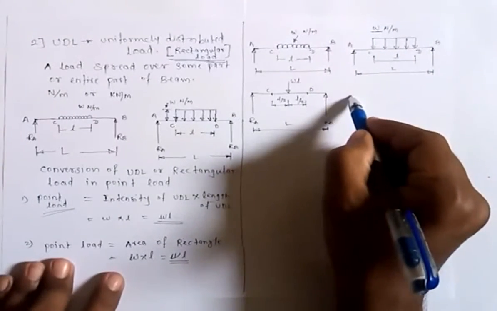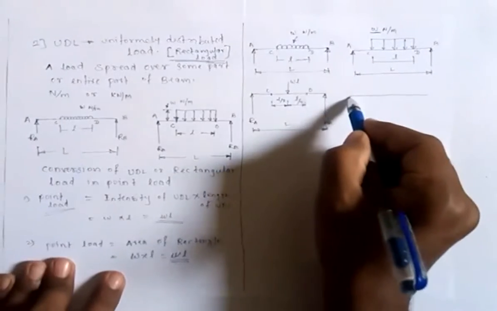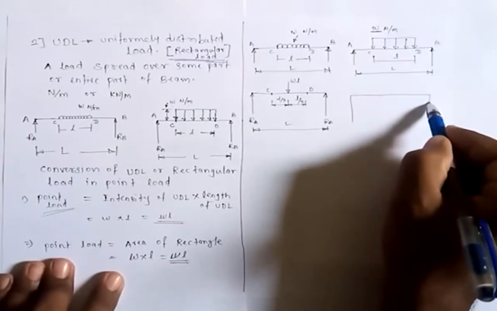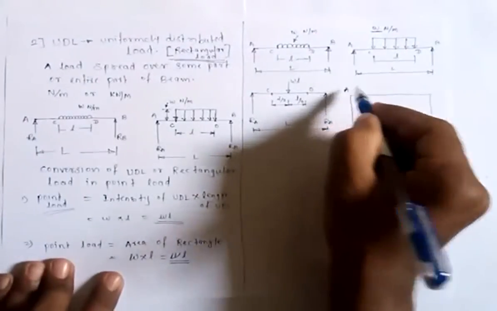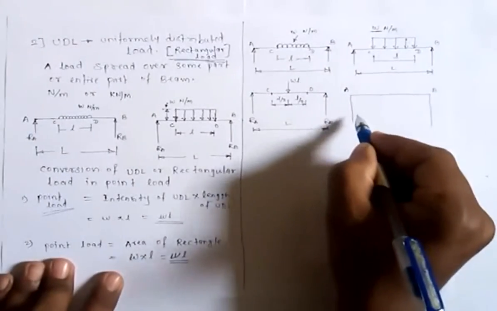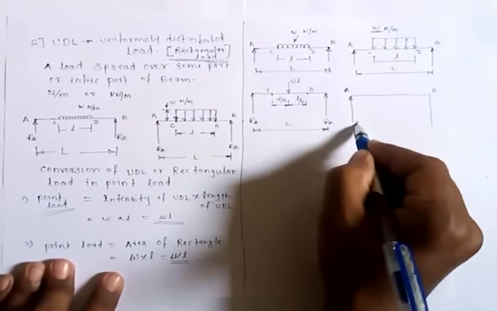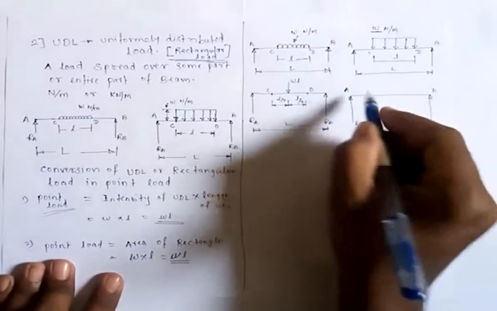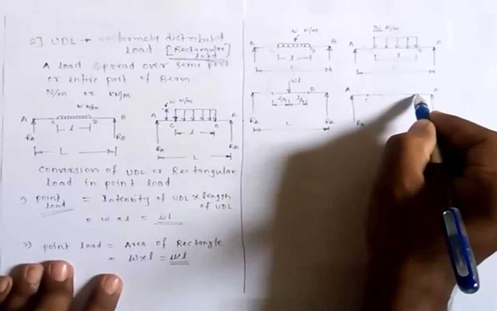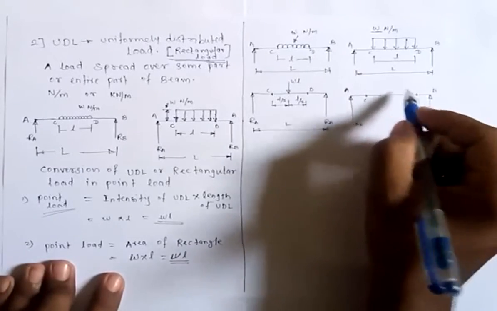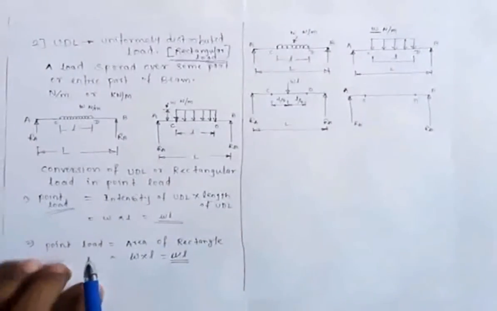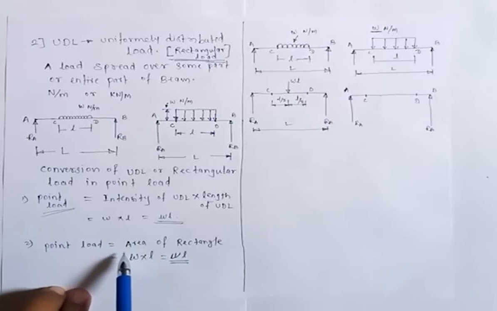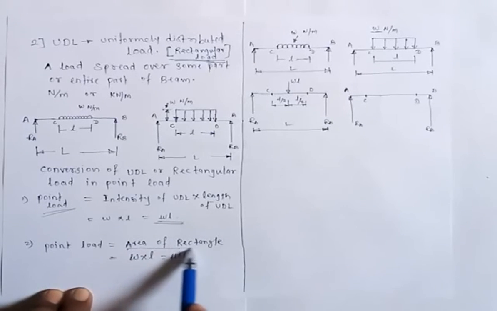So free body diagram of this beam will be like this. Draw the beam AB as it is with length L. Then you show the two reactions RA and RB. Mark point C and mark point D on this beam. Now as you know, the point load of rectangular load is found by the area of that rectangle.